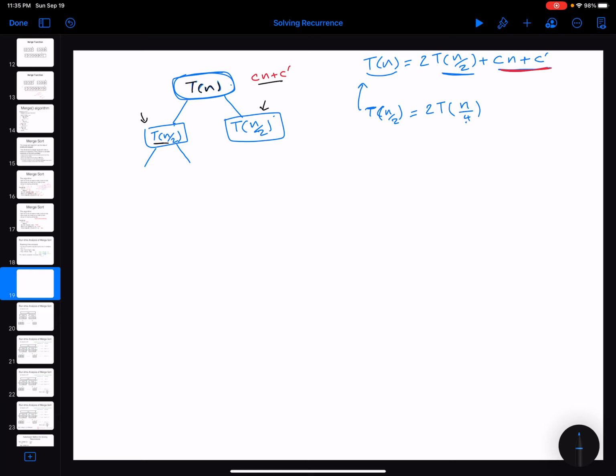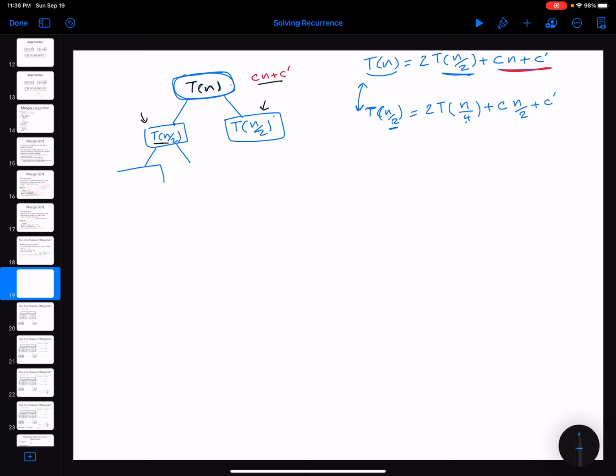Why? Because you can see that I already have n divided by 2 here. I would divide it by 2 again, so it's going to be n divided by 4, plus C n divided by 2 plus C prime. So I just replicate the same formula for n divided by 2.